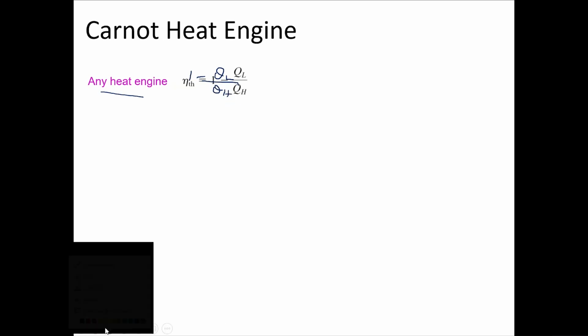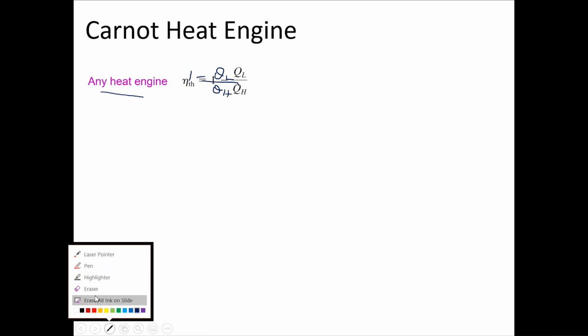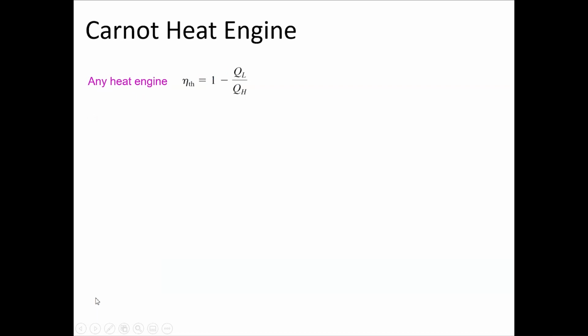Any heat engine would have an efficiency of 1 minus QL over QH. This is the efficiency of any heat engine, whether reversible or not. For a Carnot heat engine, which provides the upper limit, that is the reversible heat engine, the efficiency is 1 minus TL over TH.